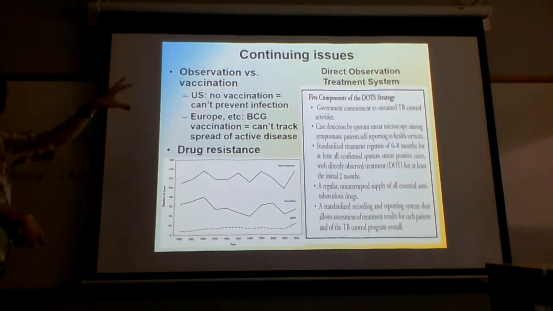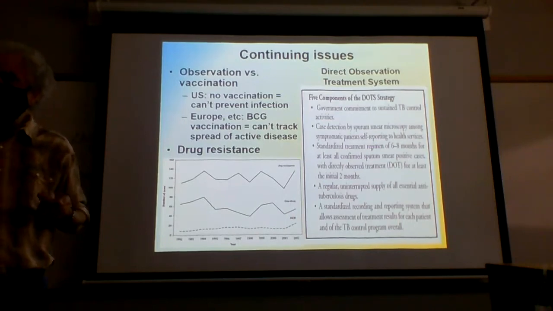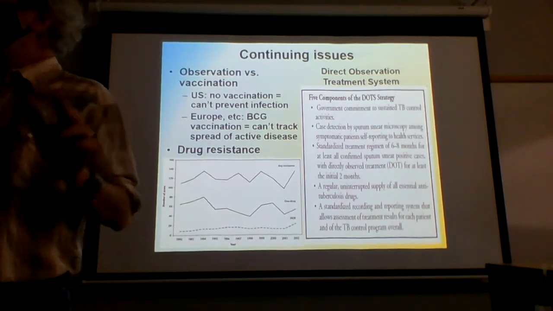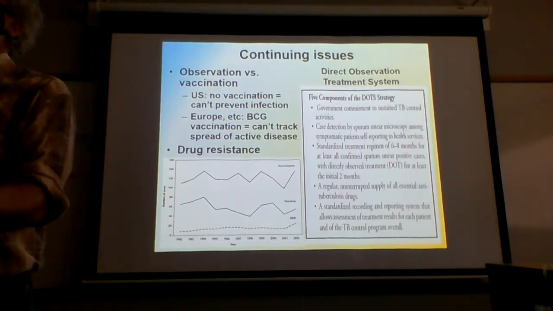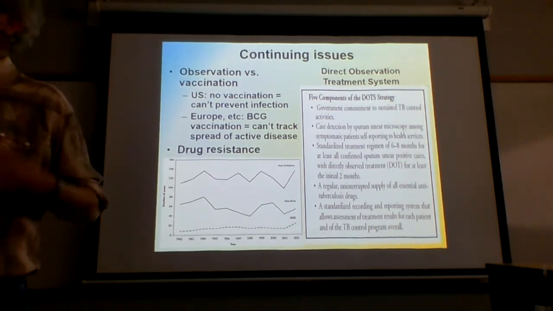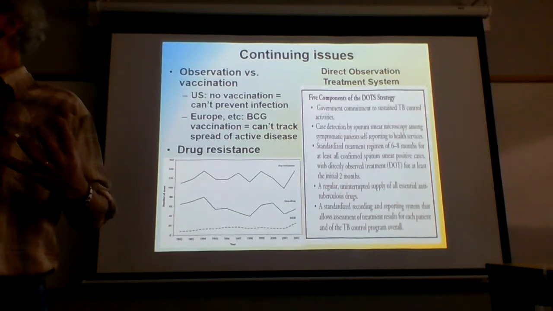So we don't prevent infection, but the infection is fairly low rate. What you can do in a population that has not been vaccinated is you can do the TB test. Because once you've been vaccinated, if the vaccine worked, you have an immune response to it. And the TB test won't work. Everybody is going to light up the TB test like a big dog.